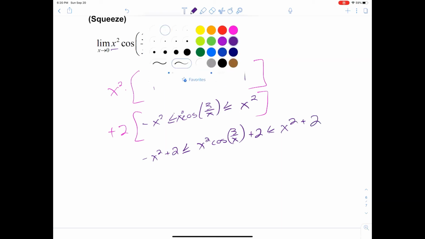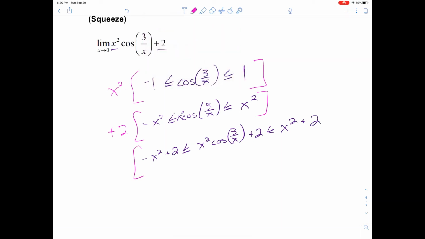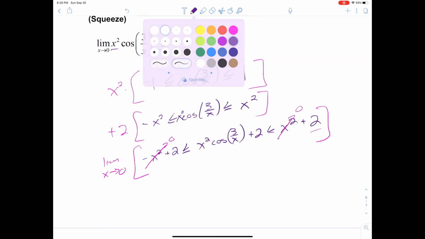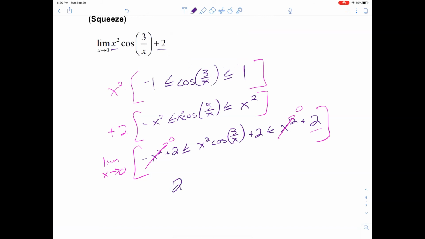And lastly, we were asked for the limit as we approach 0. So we're going to take the limit of this whole giant thing as x approaches 0. And we don't have to worry about the middle, which is kind of nice. If we go to 0, that goes to 0, but it ends up with 2. That goes to 0 as well, but we also get a leftover 2. So this is good. The left endpoint is 2.